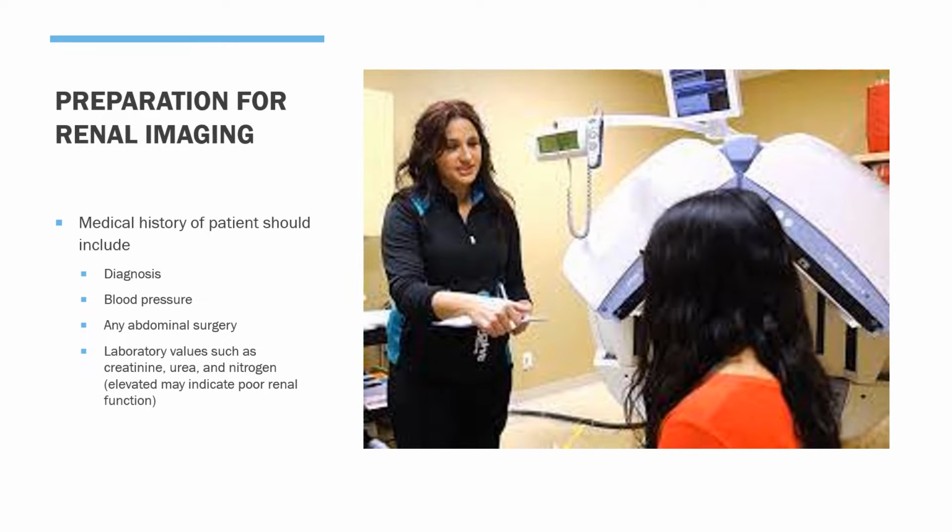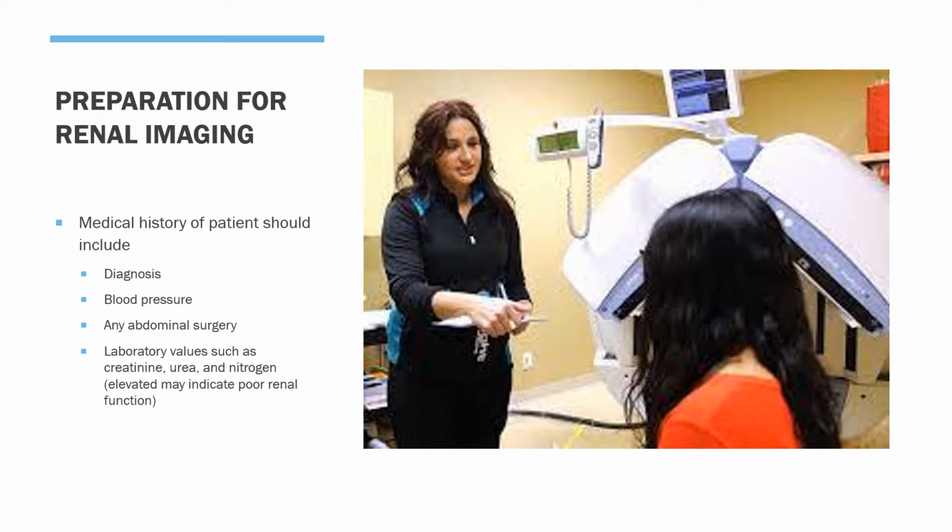Now, some prep for renal imaging. Since there's so many different procedures, I kind of wrote this as generally for every procedure that you'll probably need to know. Because again, for example, we're going over the medical history of the patient. You need to know the diagnosis, because if they're looking for hypertension, then you're going to want to look into using a procedure involving ACE inhibitors.